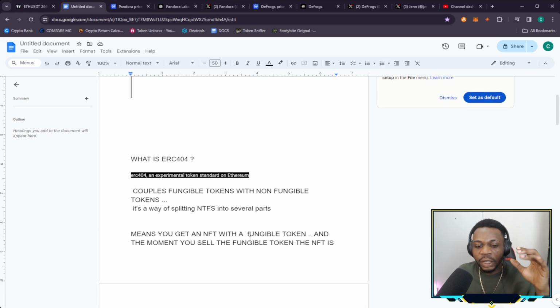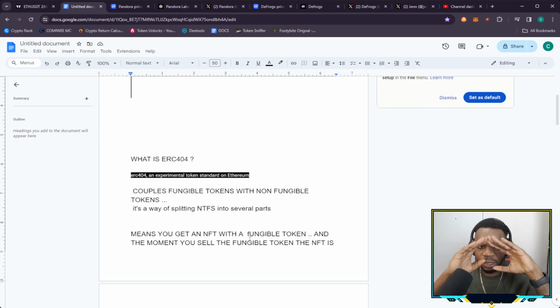So it means that you get an NFT with a token, and then if you sell the token, the NFT is burned. For example, one of these fungible tokens represents one NFT. So if you sell half of this fungible token, it's going to burn this NFT, because the NFT is going to be broken. Like, you split the NFT, it can't.